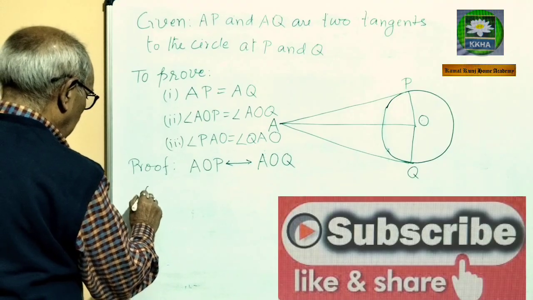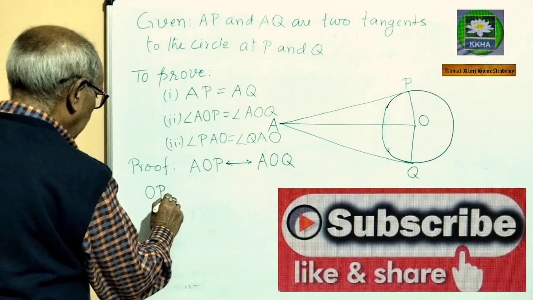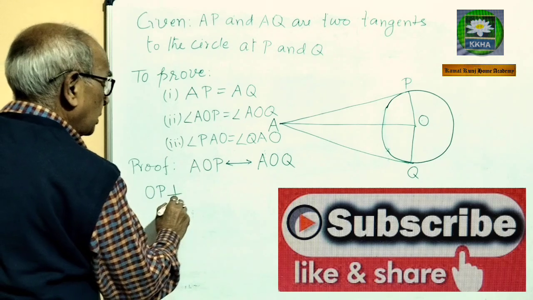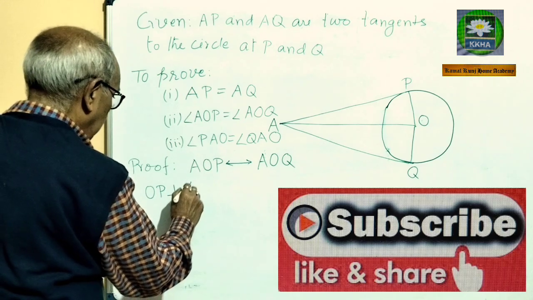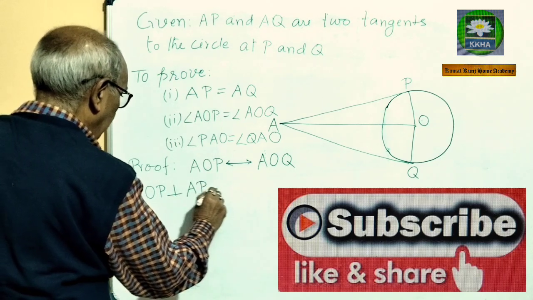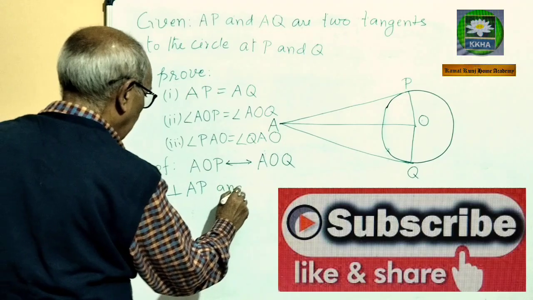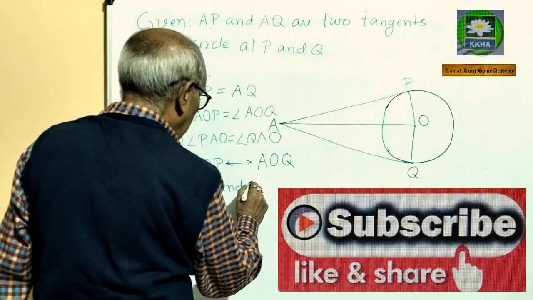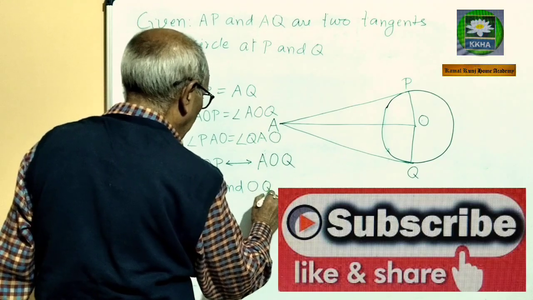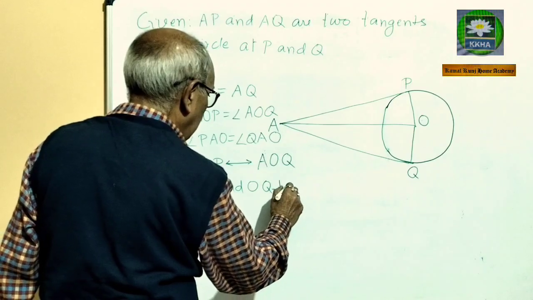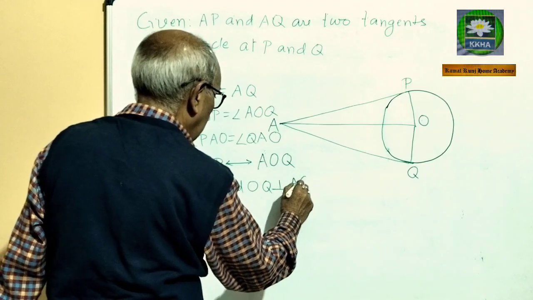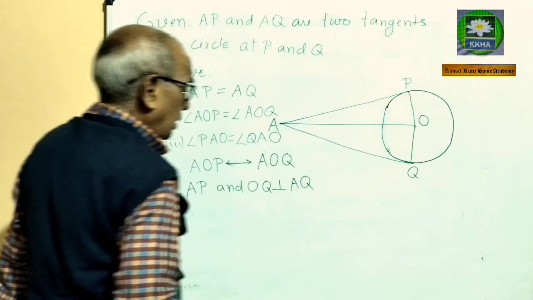Here OP is perpendicular to AP and OQ is perpendicular to AQ. How?